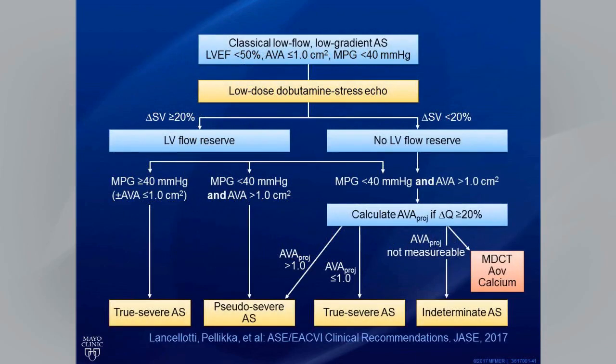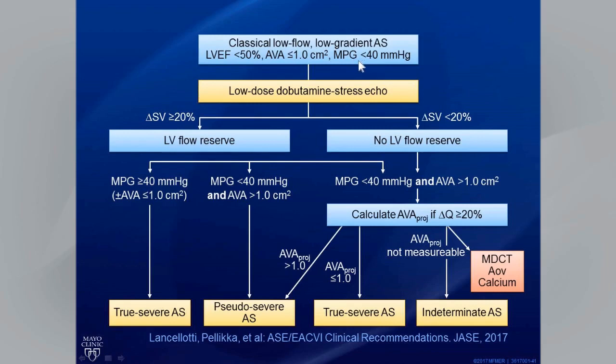Here's how we apply dobutamine stress echo to classical low-flow, low-gradient aortic stenosis. So this is the patient with reduced ejection fraction, a valve area that appears to be in the severe range, less than 1 centimeter squared, but a mean pressure gradient that is not severe.